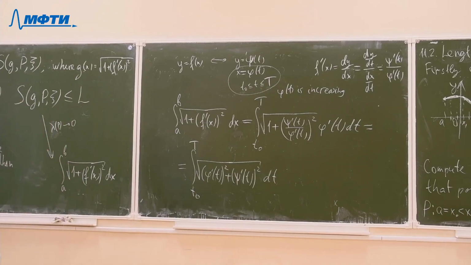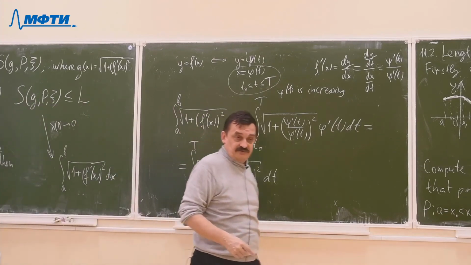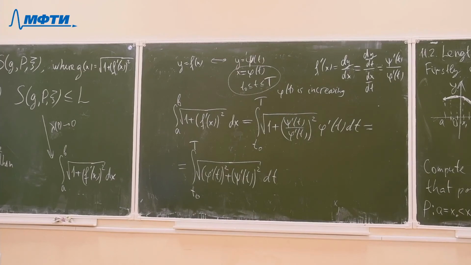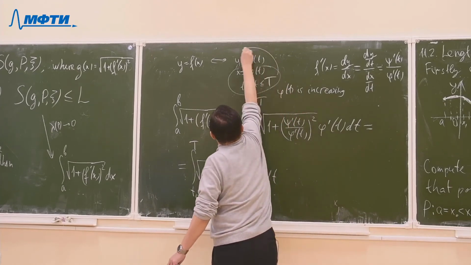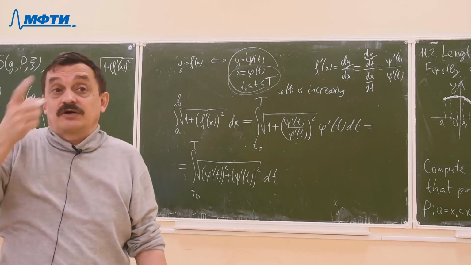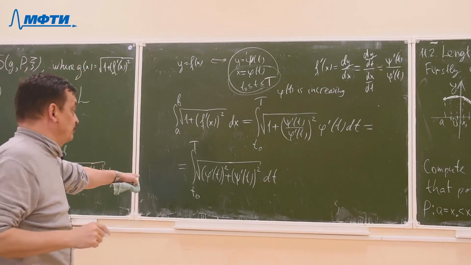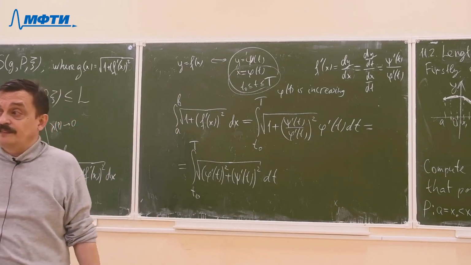That is the formula for the length of a parametrically given curve. If our curve is given by parametric equations, then the length can be computed by that formula.